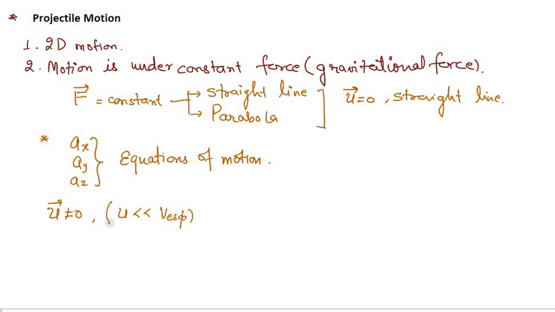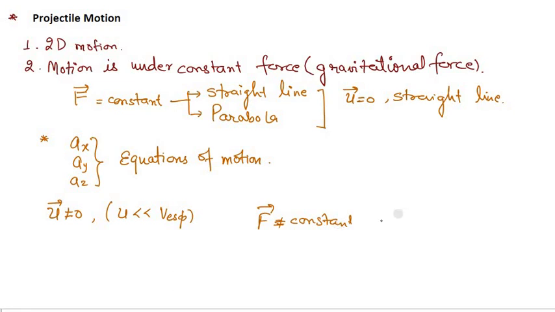Under projectile motion, your initial velocity is not greater than the escape velocity from the earth, or wherever you are, because at a very high speed the path is not parabolic, instead it is elliptical. Also, when the velocity is very high, the constant force assumption does not apply, because at very high height g changes, so your acceleration due to gravity changes.